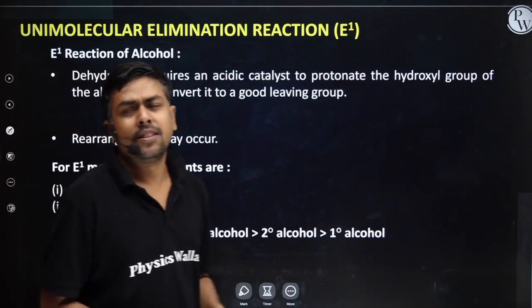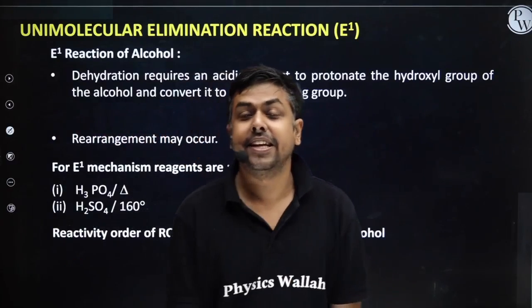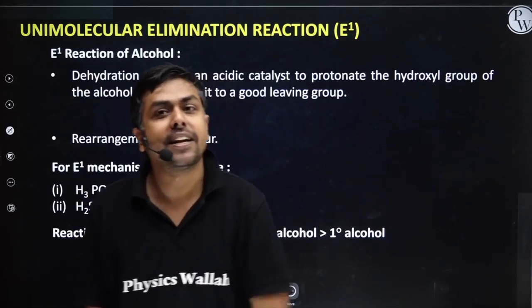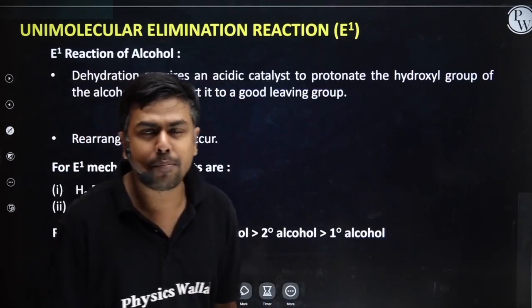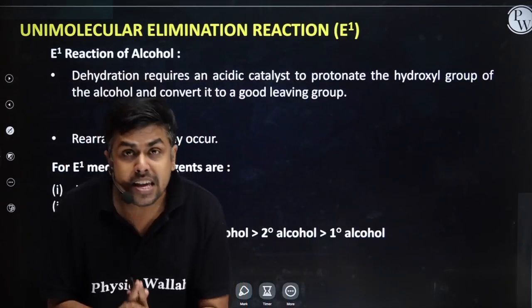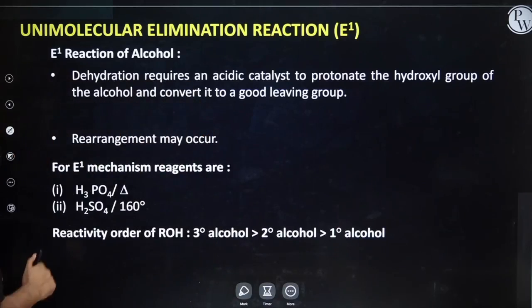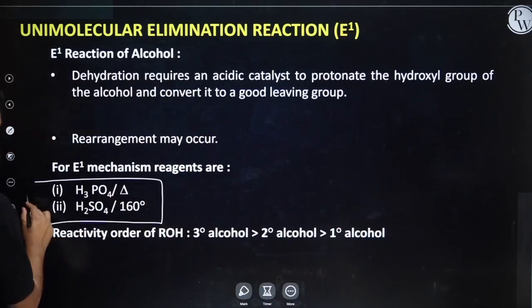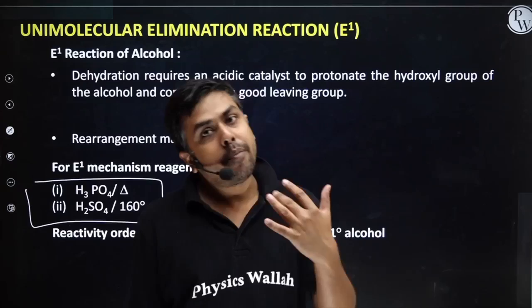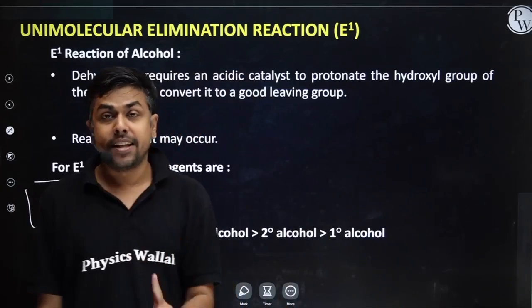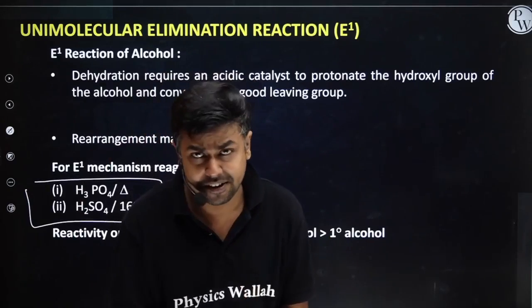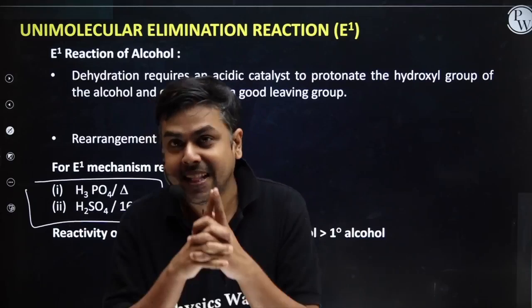Student, in general, the most common example of E1 reaction is dehydration of alcohol. Alcohol, whenever treated with a protic acid like H2SO4, H3PO4, always undergoes elimination via E1 pathway. So whenever alcohol is treated with any protic acid like H3PO4, H2SO4 at higher temperature, at a temperature above 160 to 180 degrees centigrade, then we will have elimination reaction, and this alcohol will undergo dehydration to form a more stable alkene.